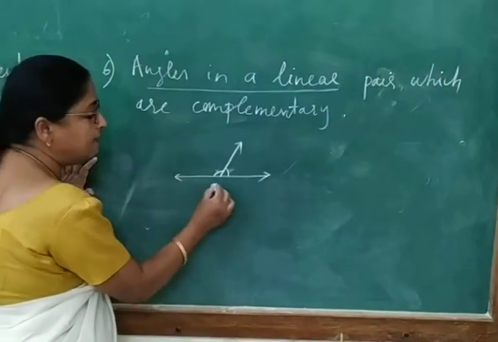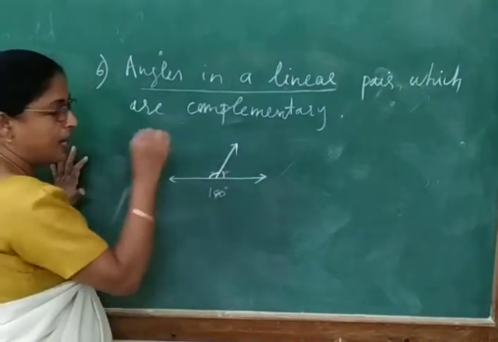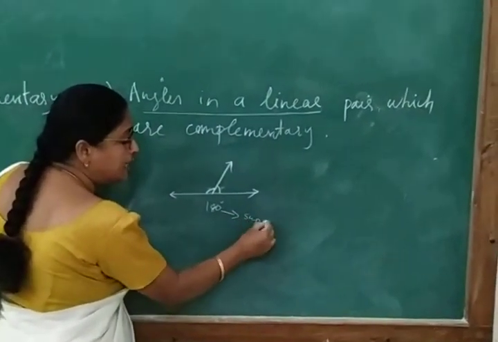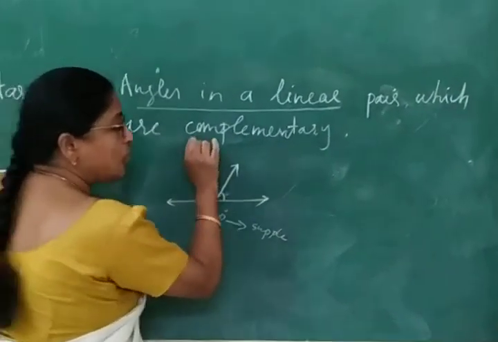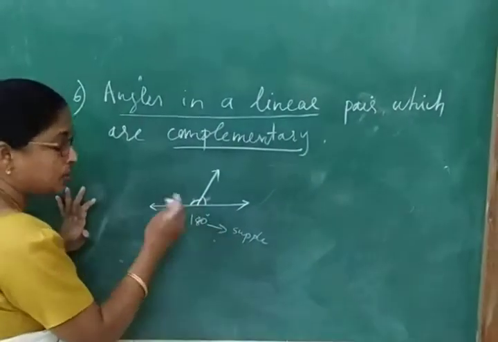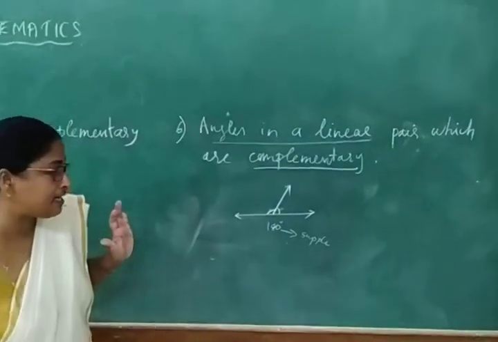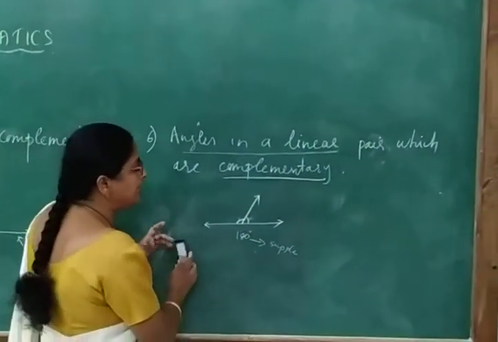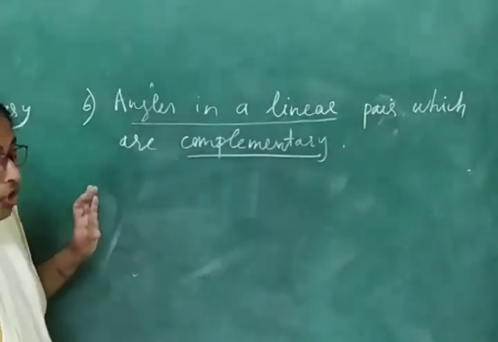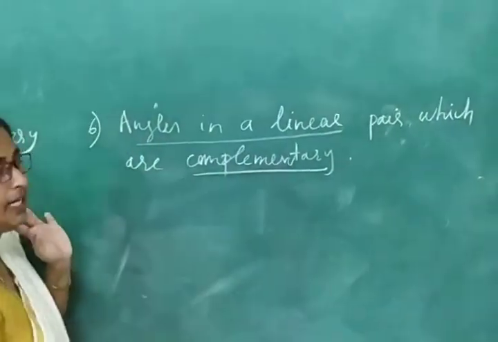These two total will be how many degree? 180 degree. So what are they called as? They are called supplementary angles. So are they complementary angles? No. So complementary angles means their sum should be how many? 90 degree. So we are not able to draw the figure with the given condition.